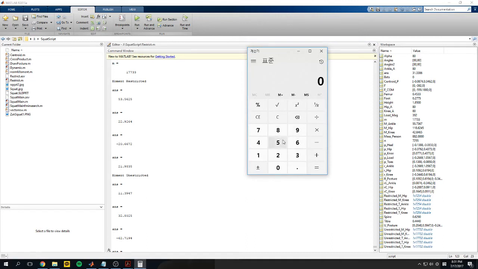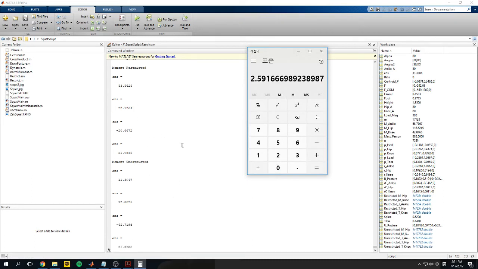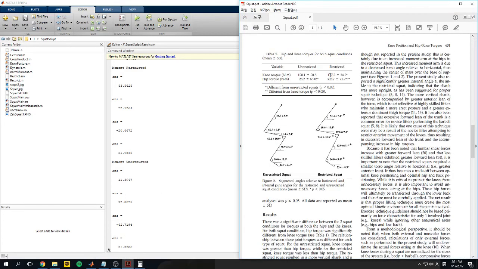Dividing the hip torque 53.5625 by 20.6672, we can see that the hip torque was greater than the knee torque by a factor of 2.59. Whereas previously in this paper, for the restricted squat, the hip torque was greater than the knee torque by around 2.58. So therefore, the restricted squat is validated.